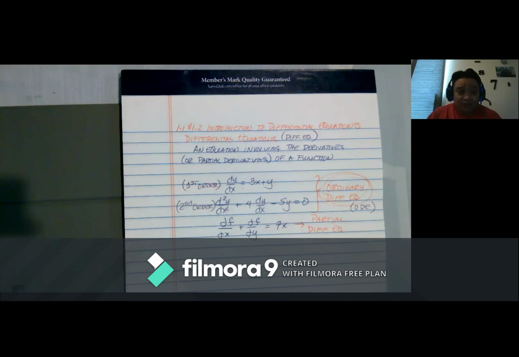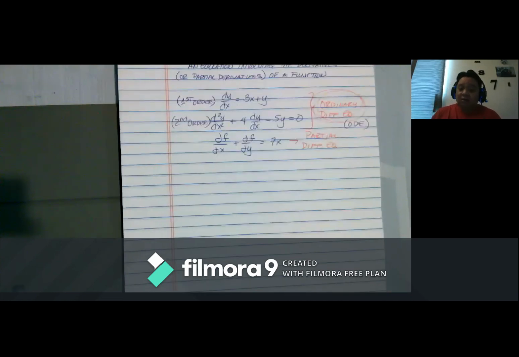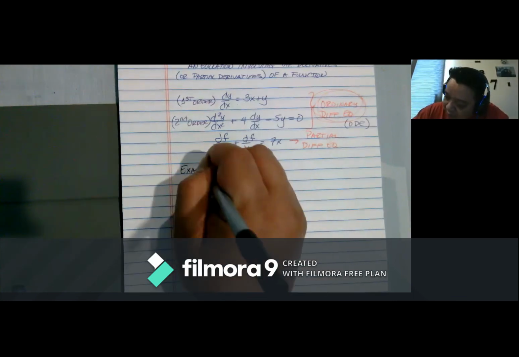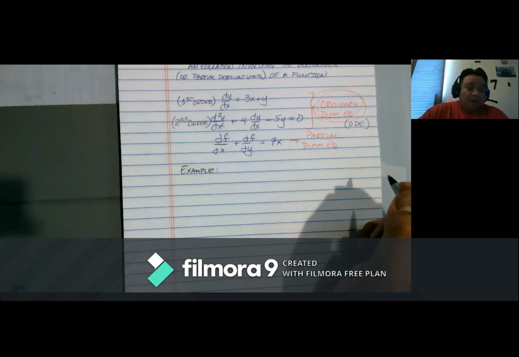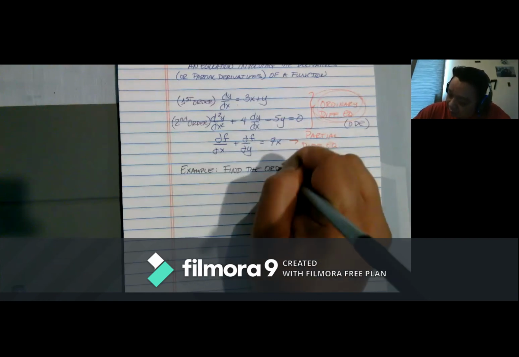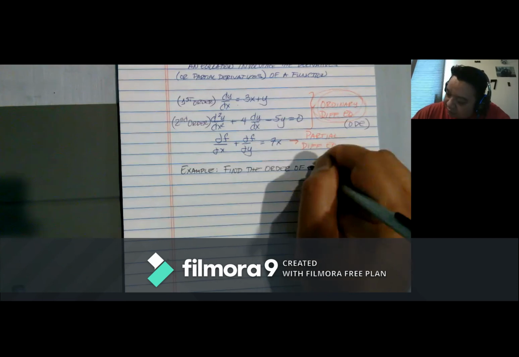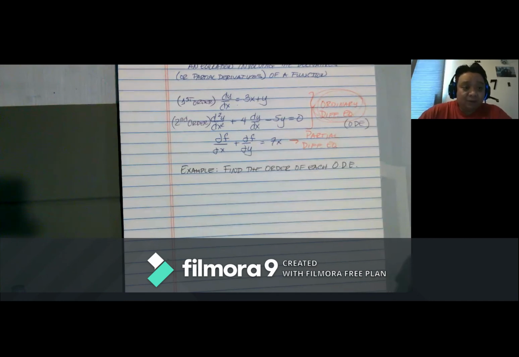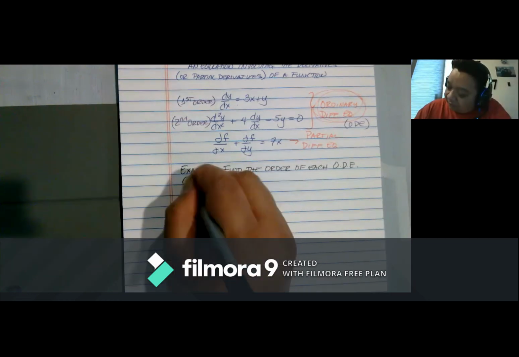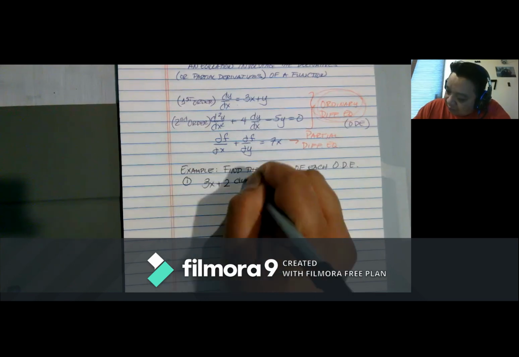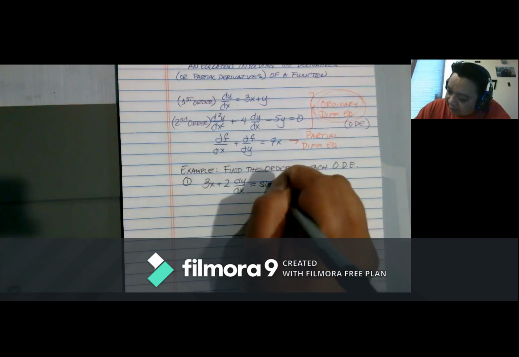All right, so for our first few examples, I want you to find the order of each ODE. So for each ordinary differential equation, find me the order, right? So number one, 3x plus 2 dy dx is equal to sine x.